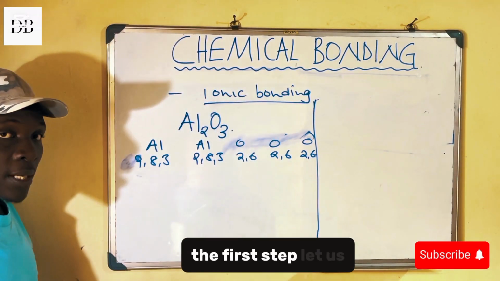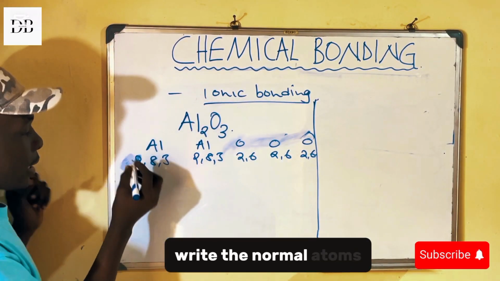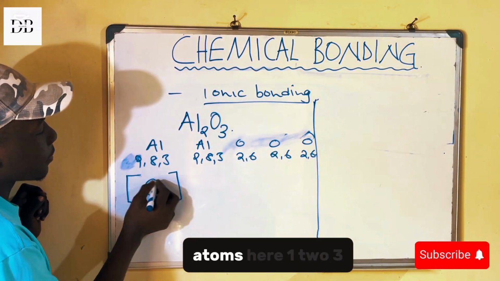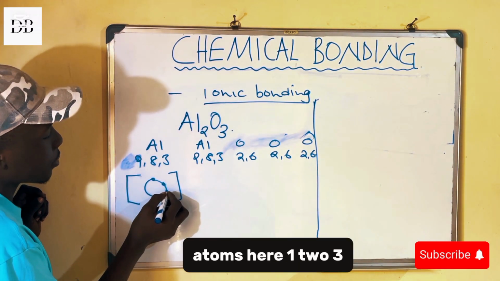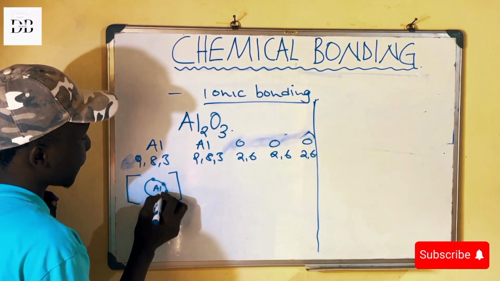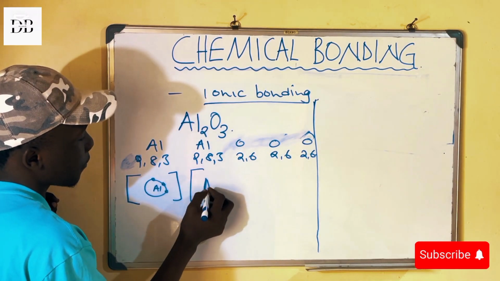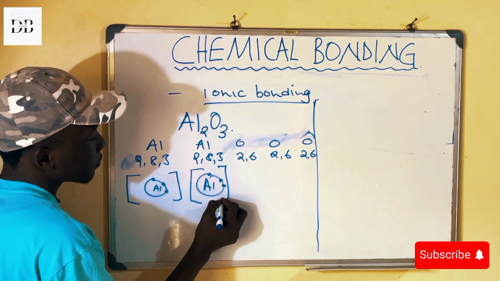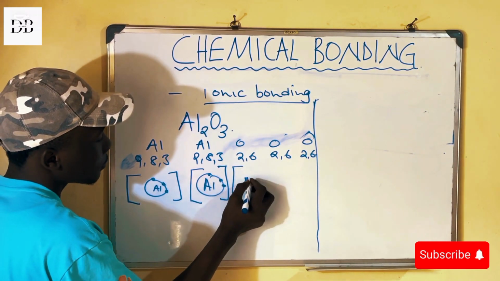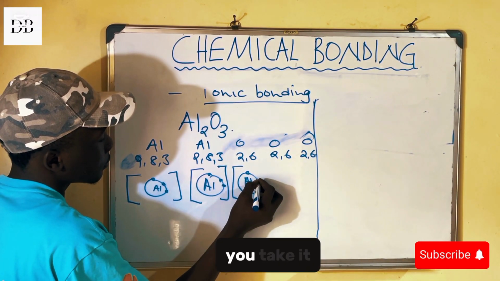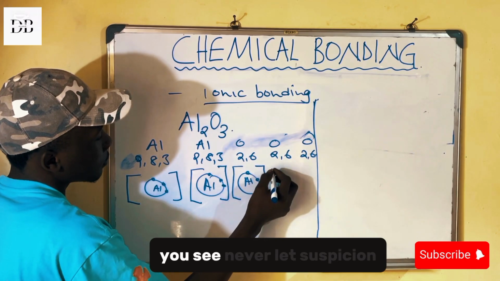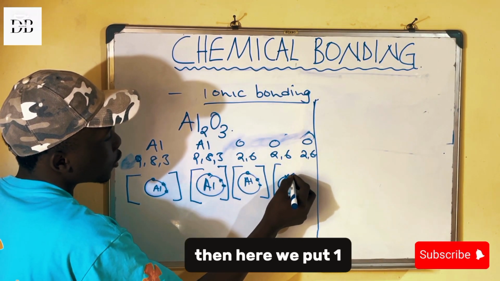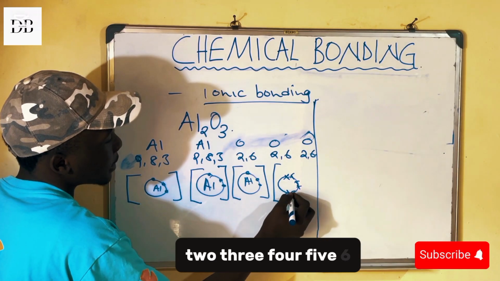So in the first step, let us write the normal atoms, but of course, write in the outermost shell. 1, 2, 3. Then here we'll put 1, 2, 3, 4, 5, 6.